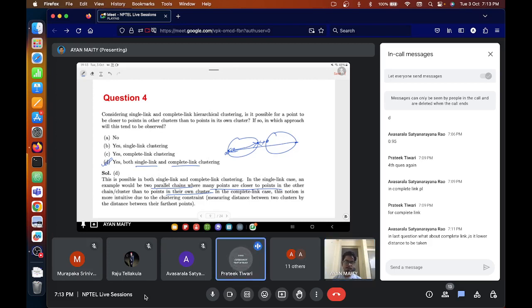So I can say RAND index can be calculated without having a true label. Yeah, it can be. If you have the true labels, then it can be the accuracy measure of the clustering method that you are comparing with the true labels. But if you have two different clustering methods and you don't have the true labels, then it is basically how similar the two clustering methods are in their outputs.